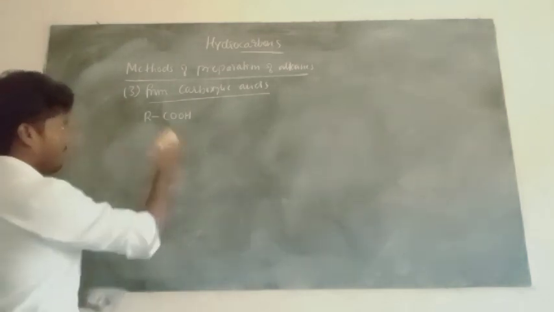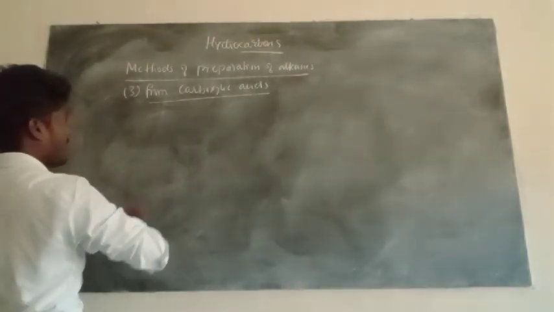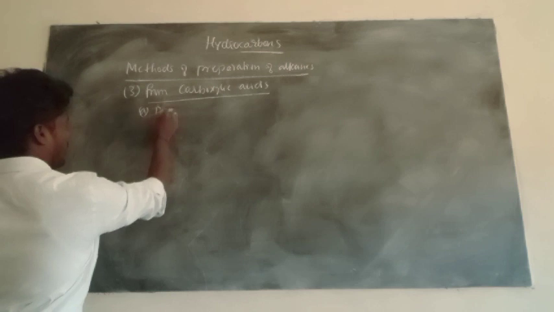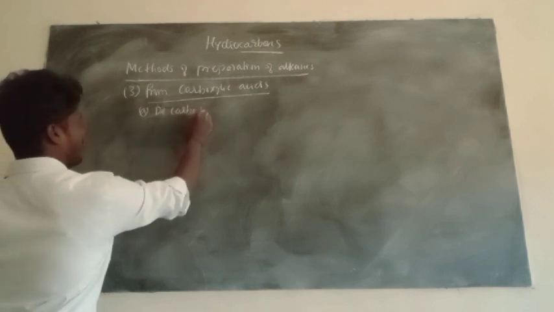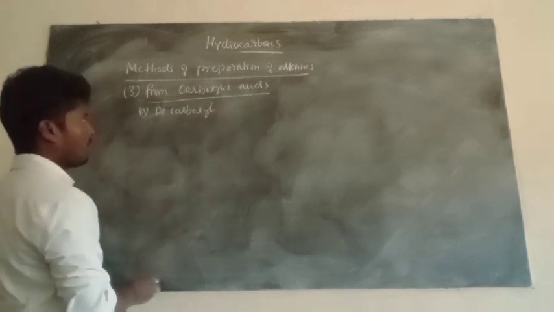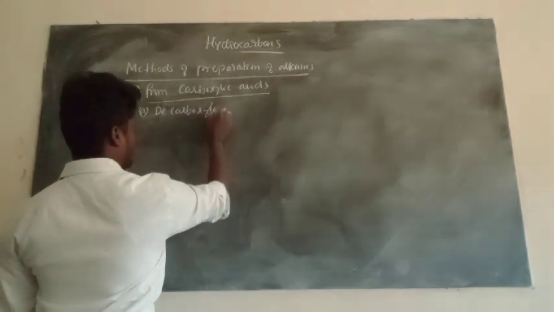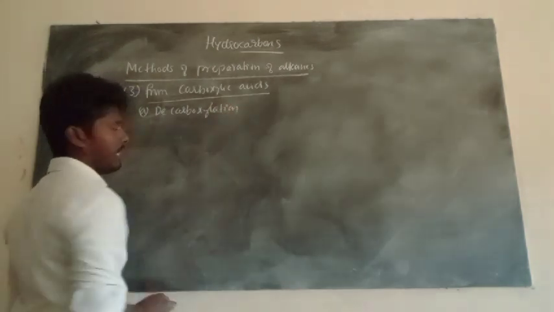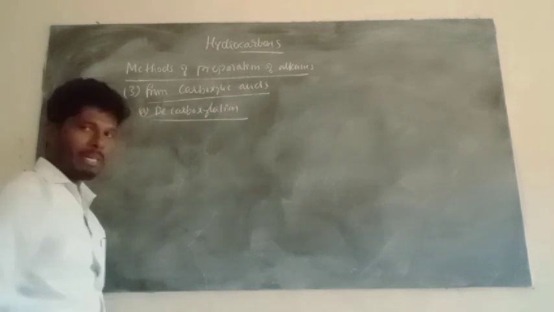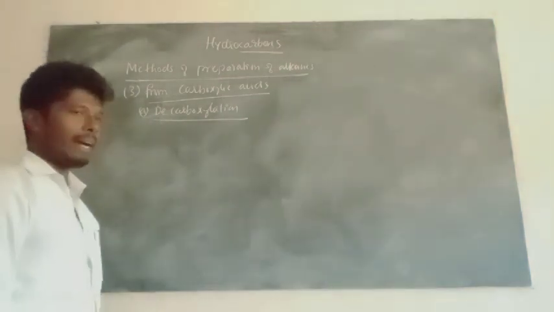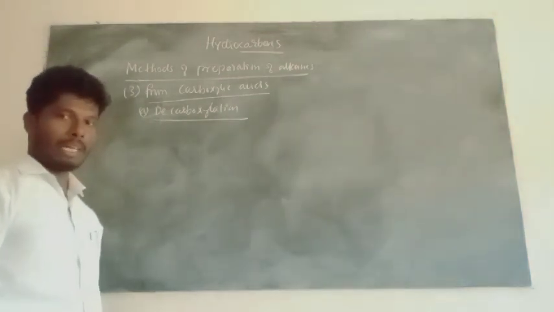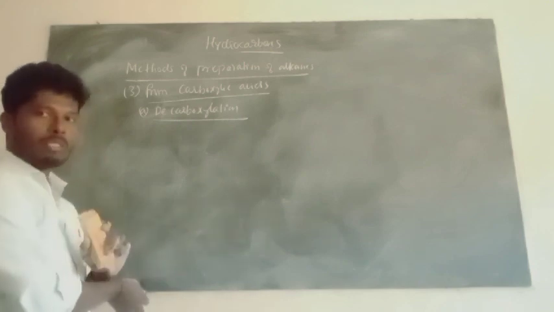So under that, from carboxylic acid, the first method is decarboxylation. There are two methods. Decarboxylation means removal of carbon dioxide as sodium carbonate in this method, that we call decarboxylation reaction.